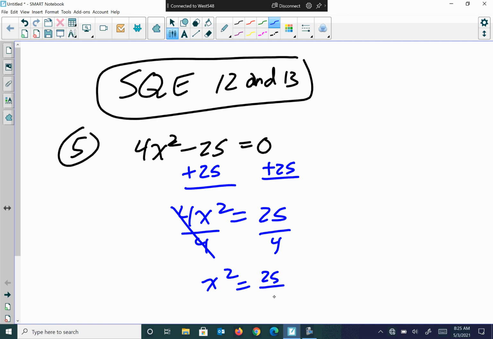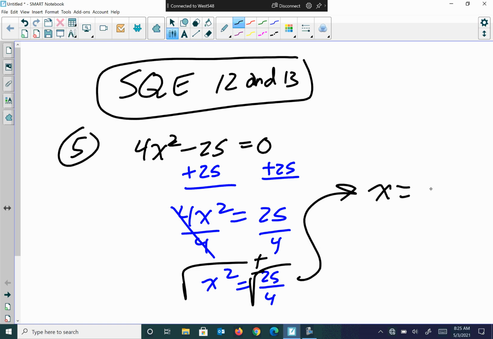And then I need to take care of the x, the square root. So I'm going to get square root of x squared is x. Plus or minus, don't forget that. Square root of 25 is 5. Square root of 4 is 2. And there's no longer a square root because it's there.